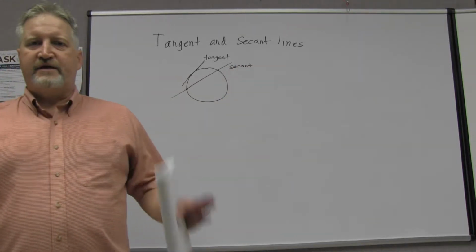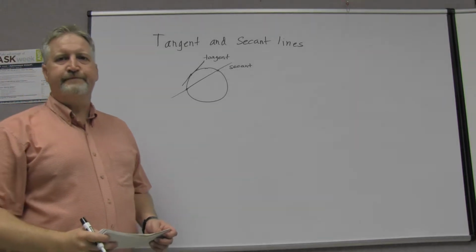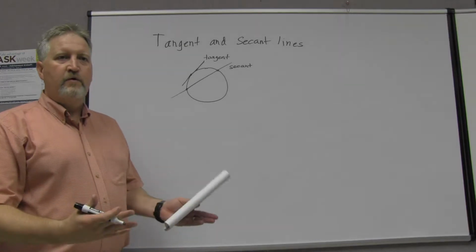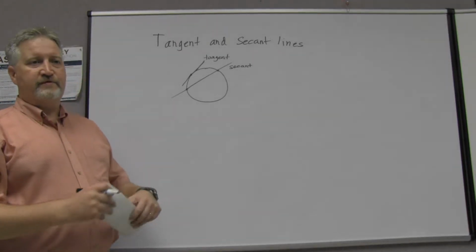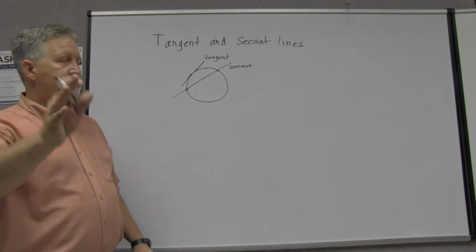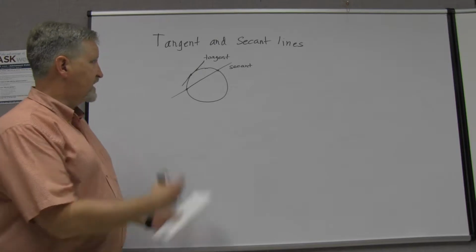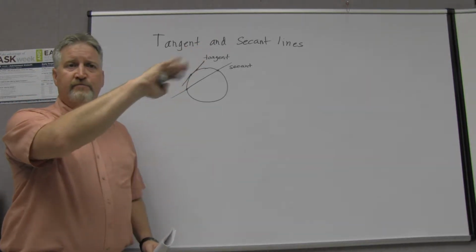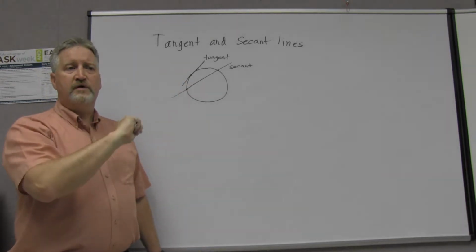That's what we call a secant line. Now, what we're going to deal with, of course, is not circles, but more function type graphs. But the idea is the same. A tangent line is where it just comes in and touches at one point, and a secant line touches it in two.